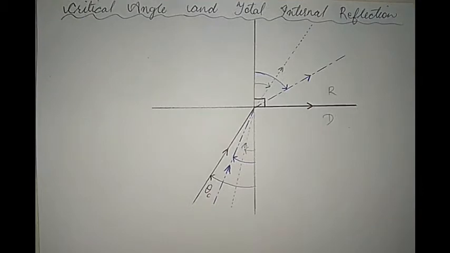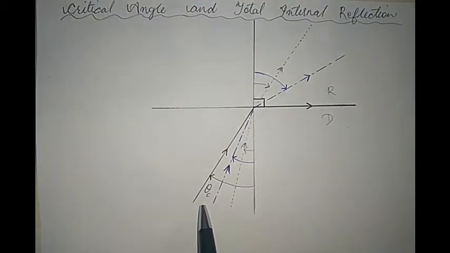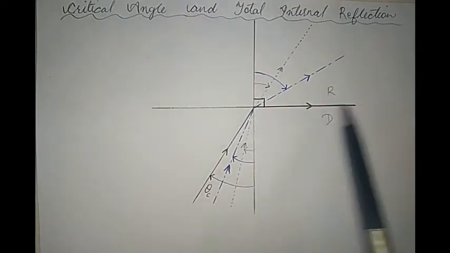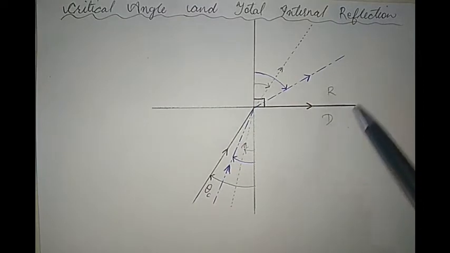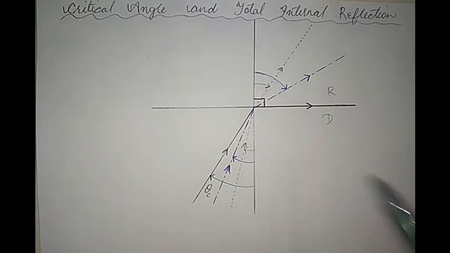increasing, until you reach a certain value of the angle of incidence, theta c, in which case the refracted ray just grazes the surface of separation between the two media. Or in other words, the angle of refraction is equal to 90 degrees. Then this value of the angle of incidence, theta c, has a special name.